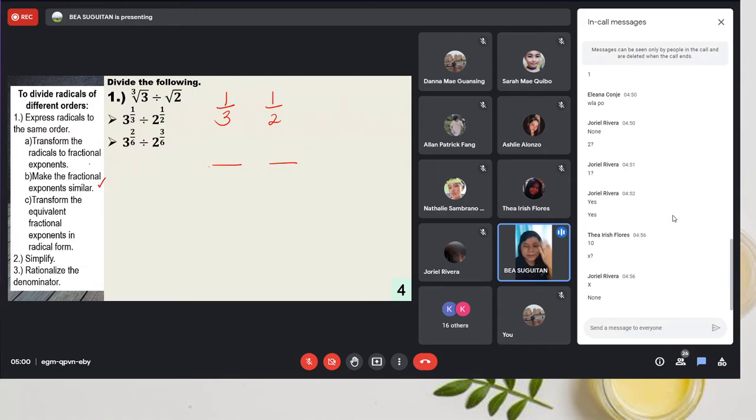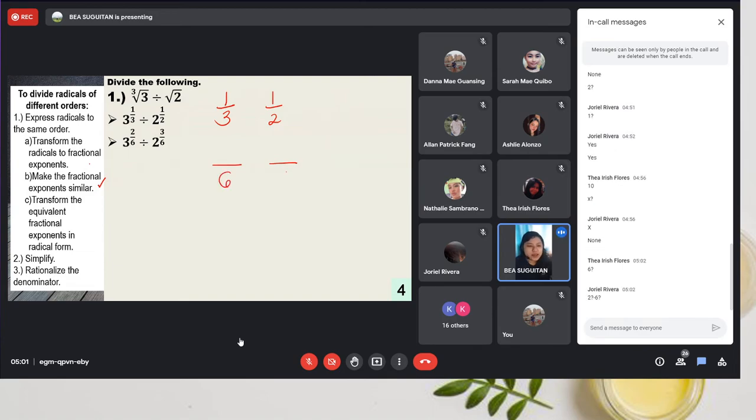Least common multiple ng 3 and 2. 6. Tama po yan. Okay? That is 6.